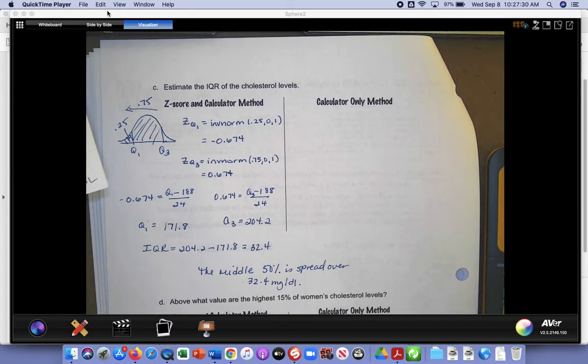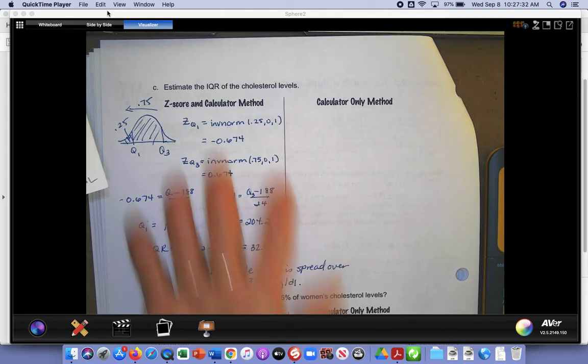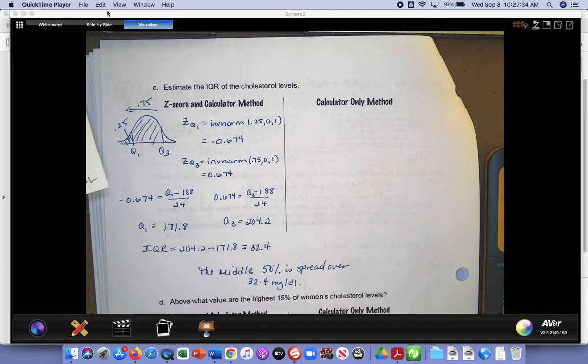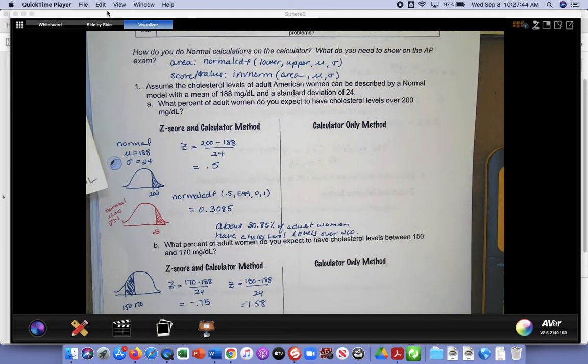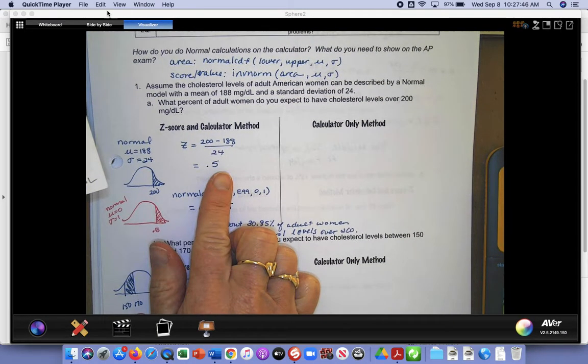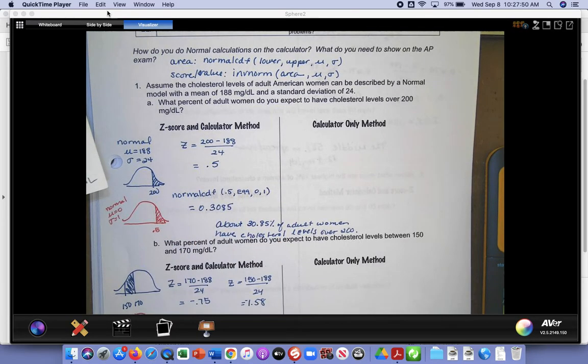So some people would say that this method is probably the most preferred method for some teachers. The reasoning being that you are still calculating a z-score, so you're always relating it back to that standard normal curve. The z-score is something that we'll see later on when we get into our significance tests.